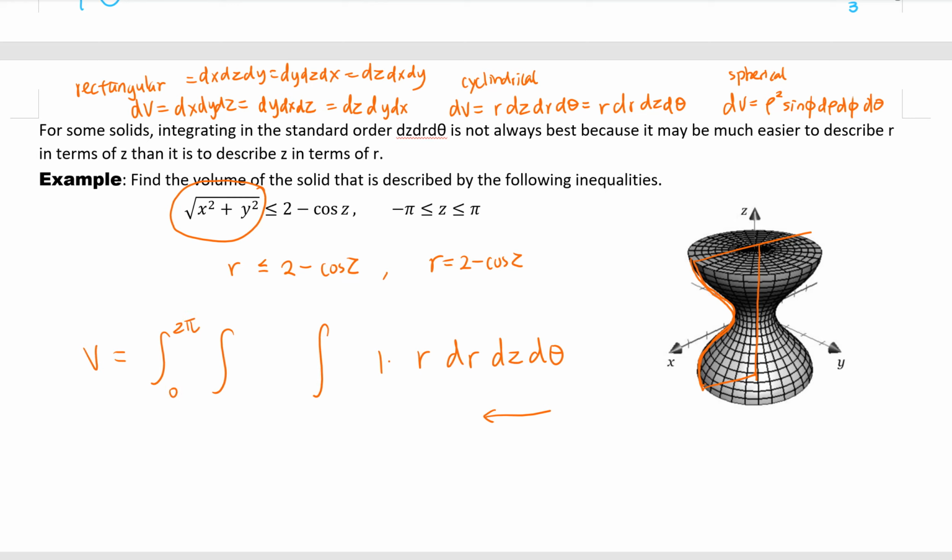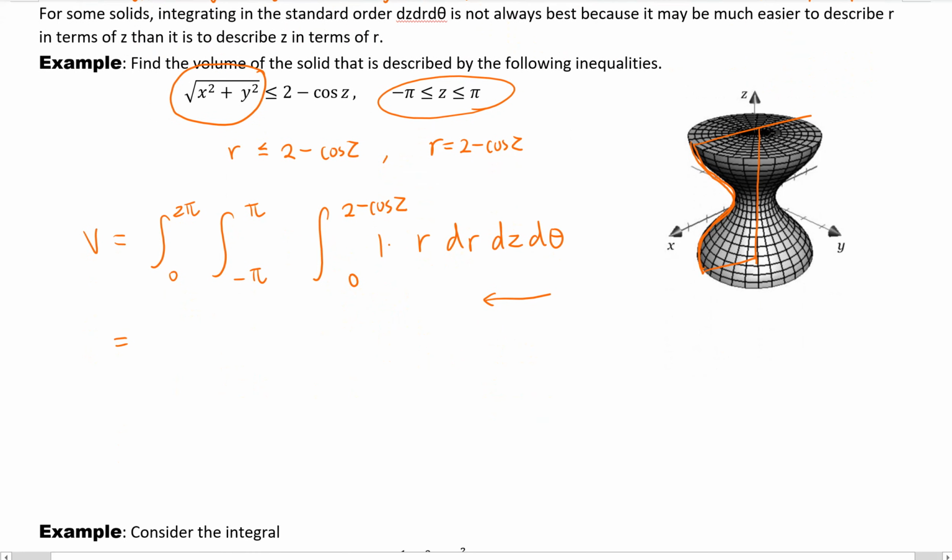Now how about z? z is from minus pi to pi. How about r? r is from 0 to this surface, 2 minus cosine z. So this is how we set up the integral. Then we can continue to solve it.